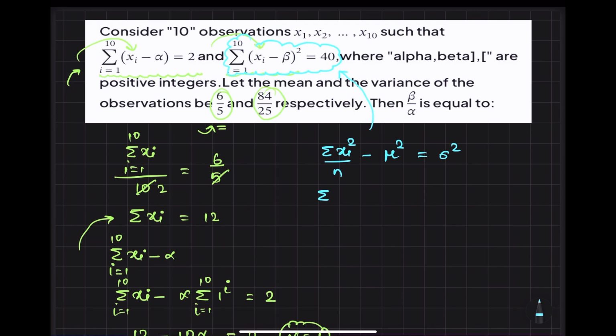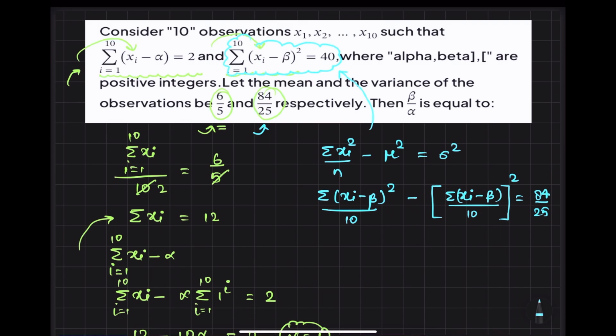We will write summation of (xi minus beta) whole square by 10, minus mean, where mean means the sum of all the elements, so it is sum of (xi minus beta) by 10, whole square. Here n is missing and the number of elements is 10, so 10 is missing. This is variance according to us, but they are saying that variance is 84 by 25.